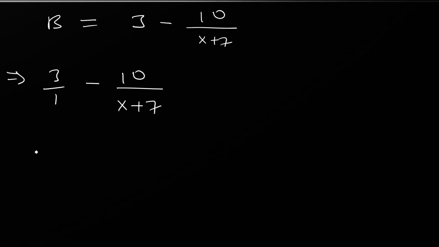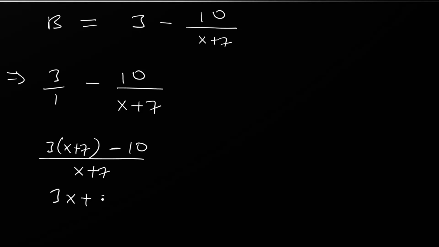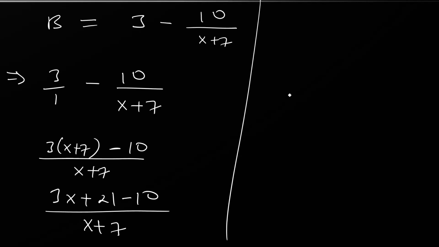So the LCM will be x + 7. 1 to that is (x+7) times 3, minus this one to this, 1 time, so minus 10. That will be (3x + 21 − 10)/(x + 7). So we have (3x + 11)/(x + 7).